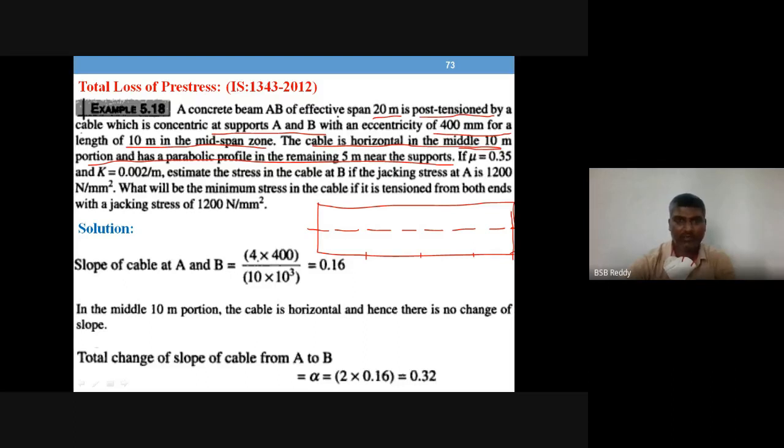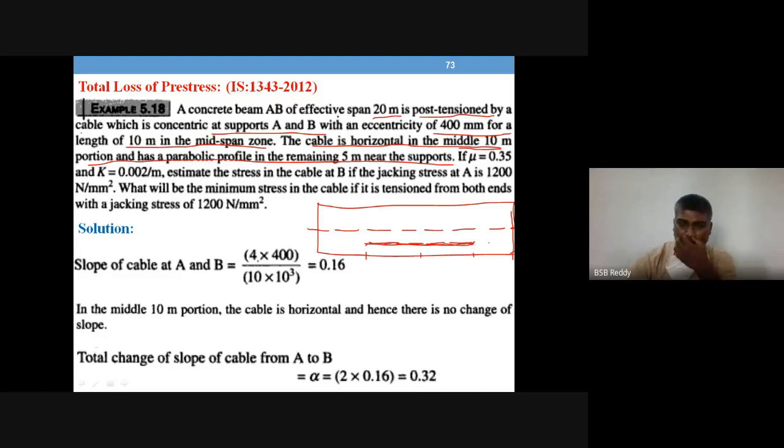Same here, there is no information on what is the size of the member, only the eccentricity value given. So let us assume that 400 is somewhere here, and somewhere here. So it is horizontal in the middle, right? So just a straight line.